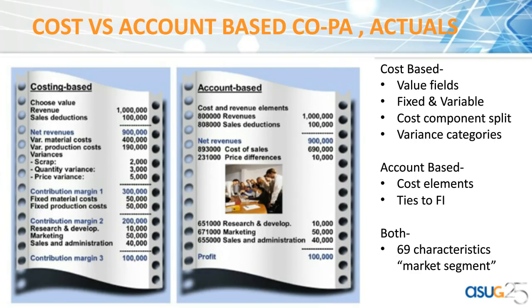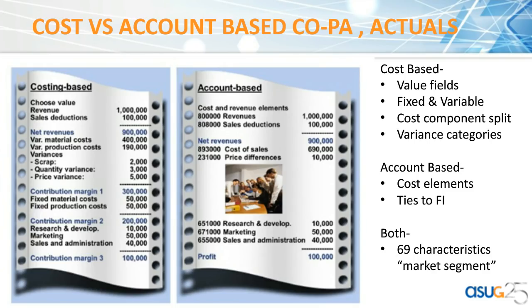So in this diagram, I've given you just a really high-level overview of a cost-based COPA report compared to an account-based COPA report. On the left-hand side, you see descriptions of value fields.